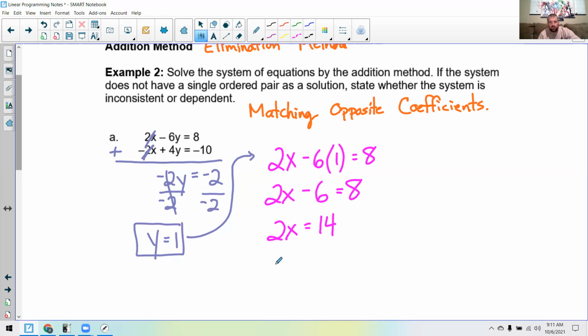Divide both sides by 2. X equals 7. So the solution to my system is the point 7, comma 1. Any questions on that?